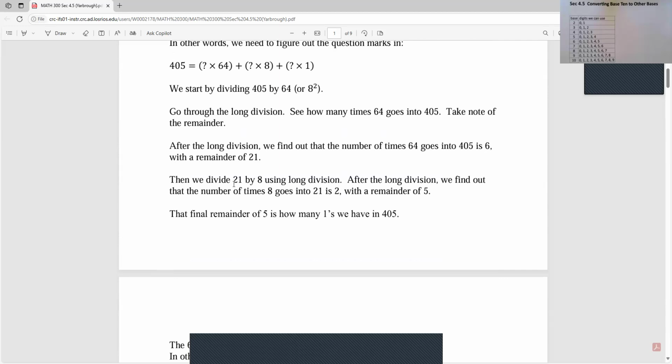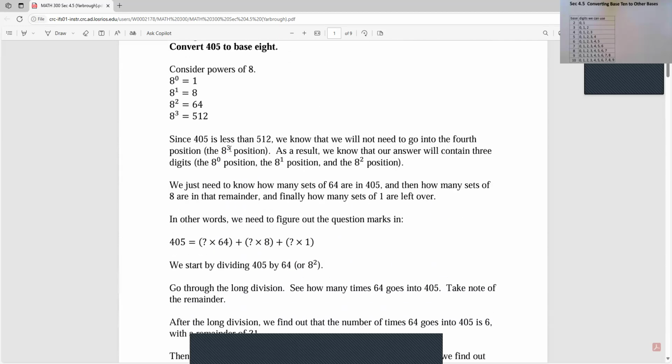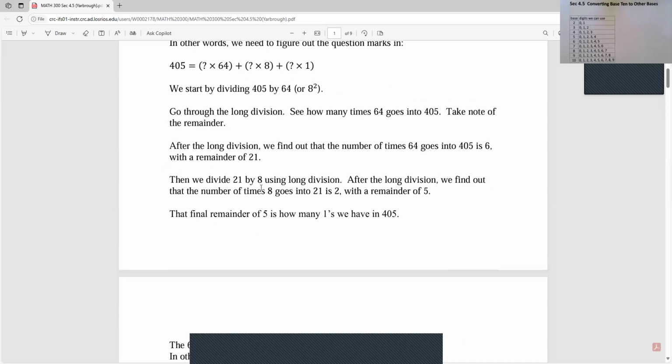So then what we do is we take that remainder of 21 and we divide by the next smaller power of 8, which happens to be 8. So we're going to take that 21 and divide it by 8. We find out that it goes in twice with a remainder of 5. That final remainder of 5 tells me how many ones that we have.